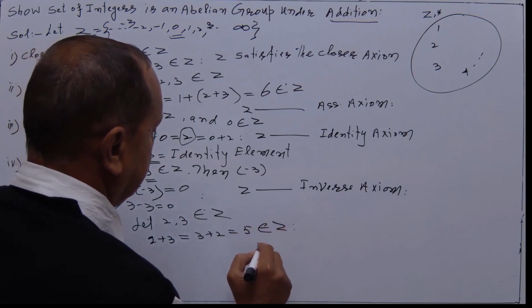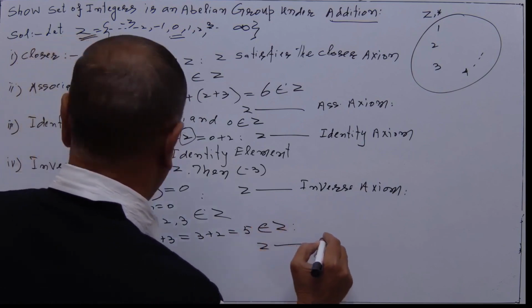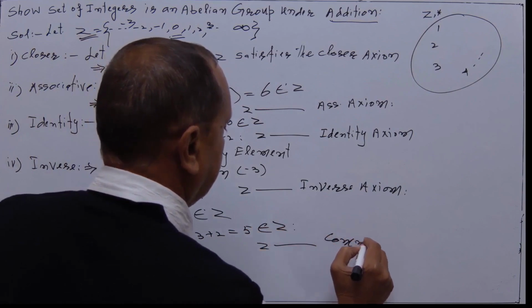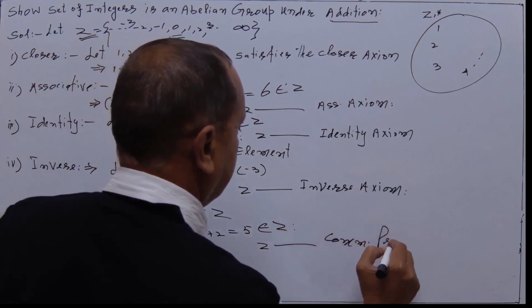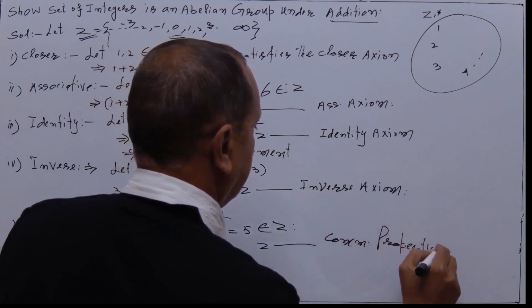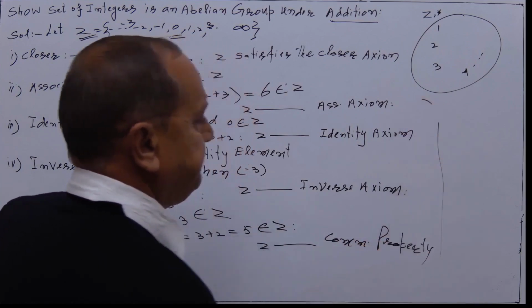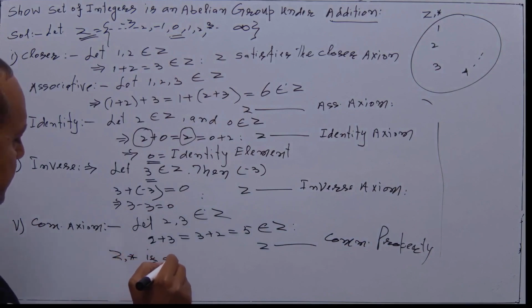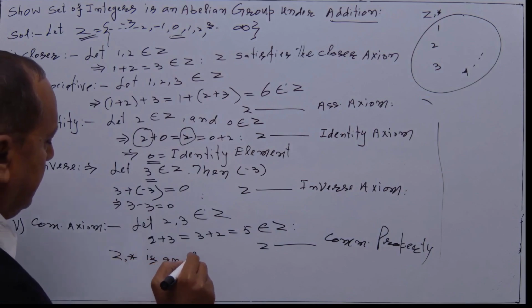It means Z satisfies the commutative property. When these 5 axioms are satisfied, it means Z with star is an abelian group.